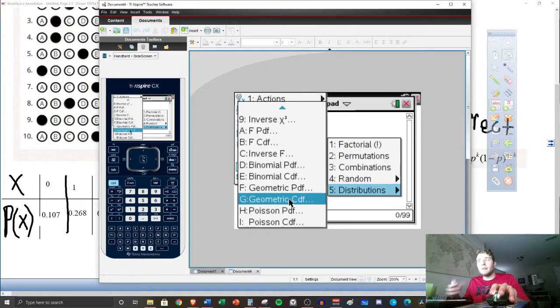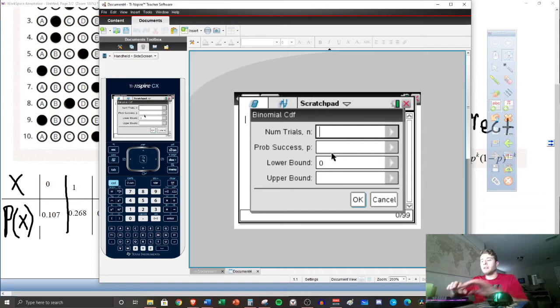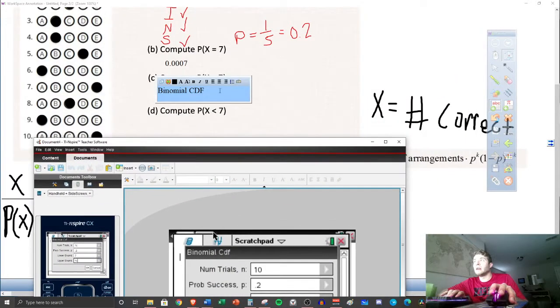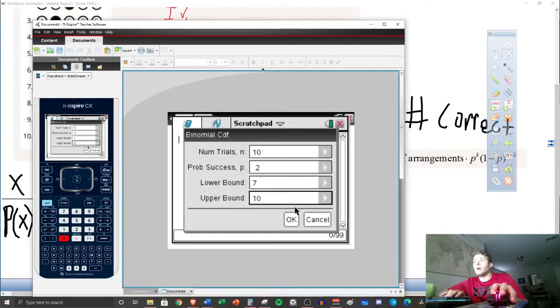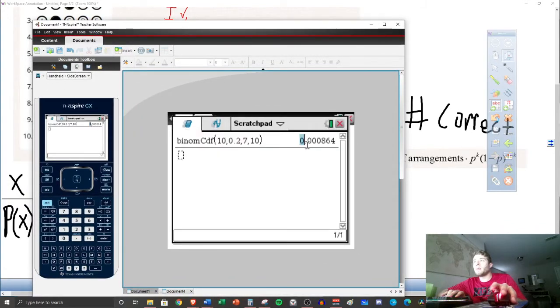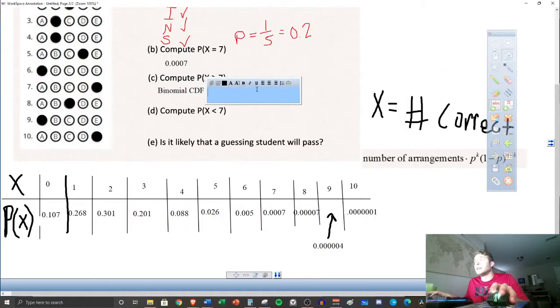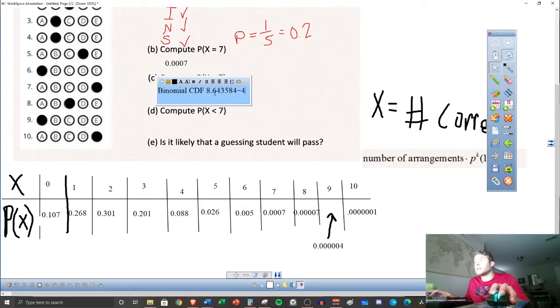Since we're doing a cumulative distribution, we want binomial CDF, 10 trials. 0.2 is the probability of success. What's the lower boundary? It's 7. Upper boundary is 10, right? So we're going to hit OK. There's our probability right here. So I'm going to copy and paste that in. So it does not improve at all, or hardly improves at all on this. Don't put it in scientific for me. Come on now.